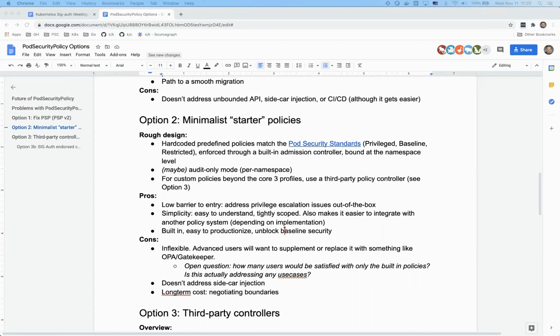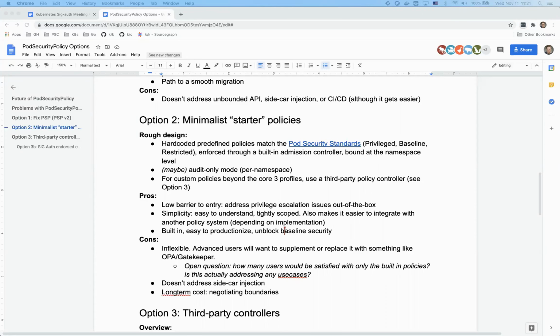You could even go to the extent of shipping a default pod security policy binding in the default namespace to the one that corresponds to restricted, or whatever the middle layer one is. But then in the future, as the definitions of what makes sense as baseline policies change, that entails updating the default pod security policies that are shipped. And it lets you turn it on by default in new installs, but also lets people choose whatever they want just by modifying those bindings.